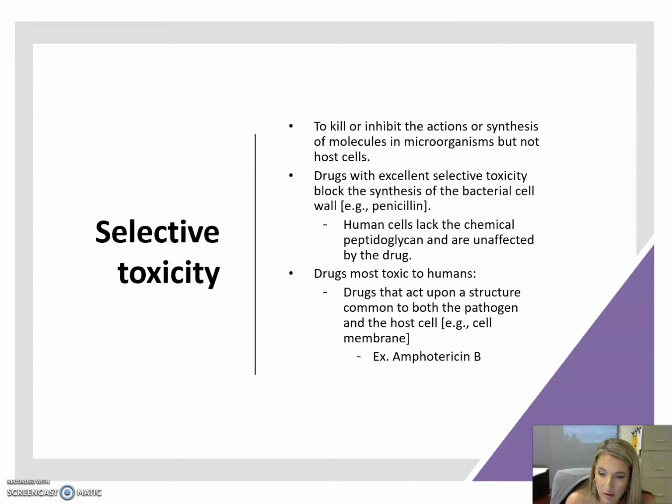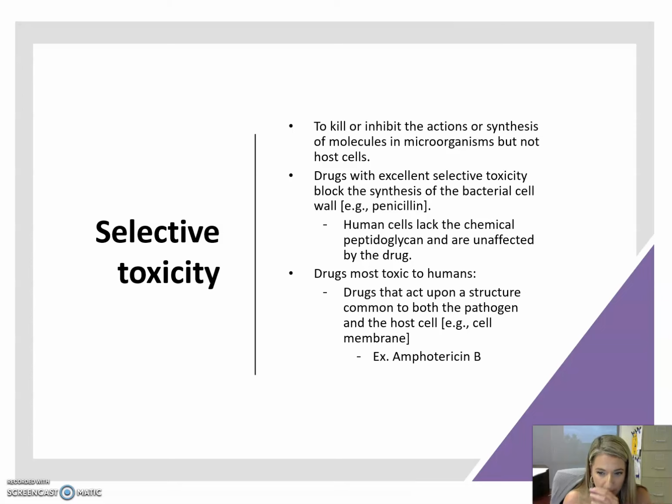Penicillin's not going to harm any of your human cells because your human cells not only do not have a cell wall, they don't have peptidoglycan. So penicillin can't do anything to human host cells. It can only act on bacterial cells. So it is quite selectively toxic in the sense that it's only going to be toxic towards bacteria and not host cells.